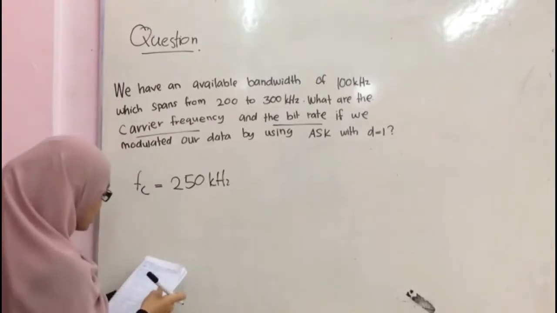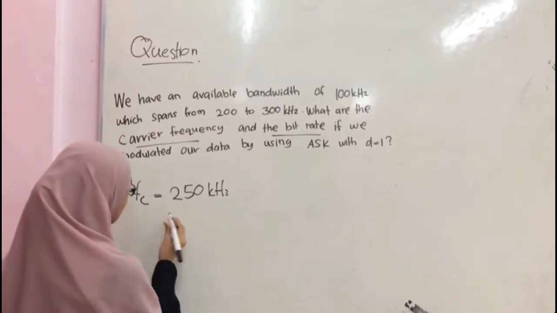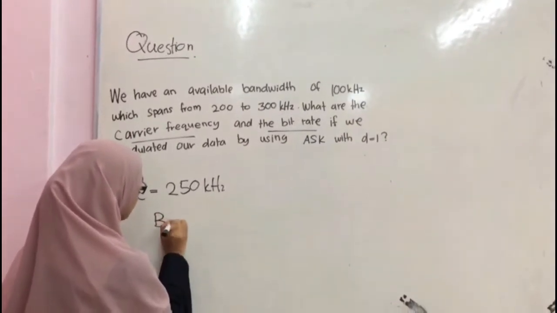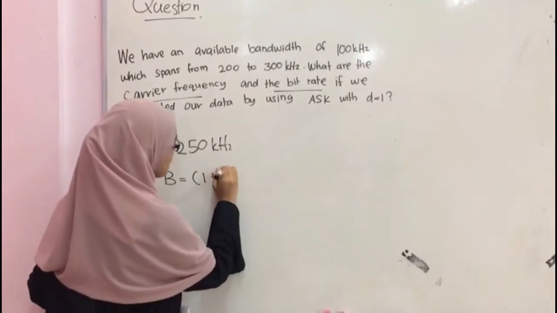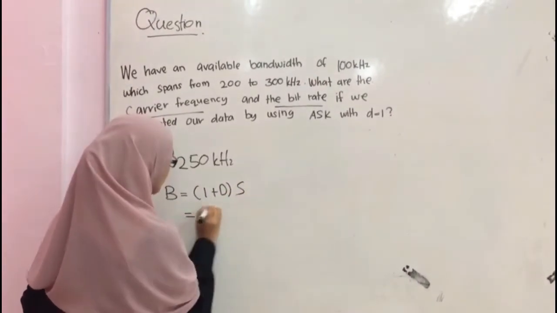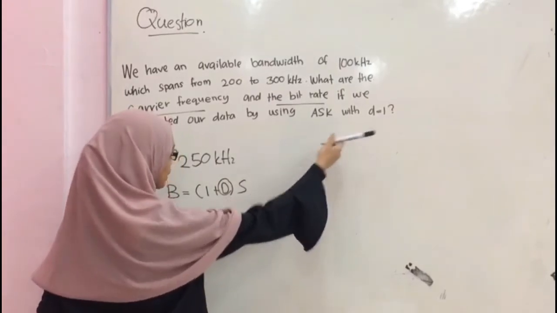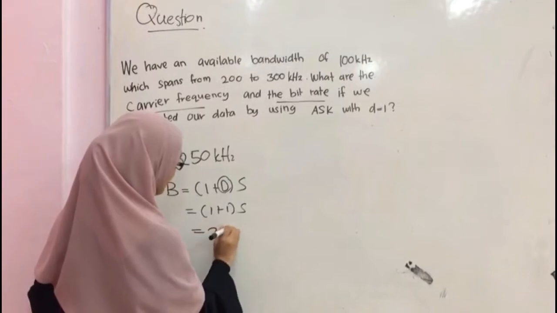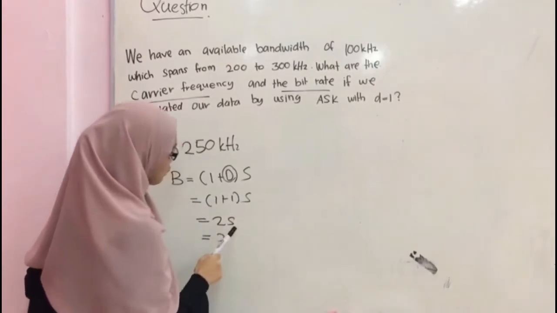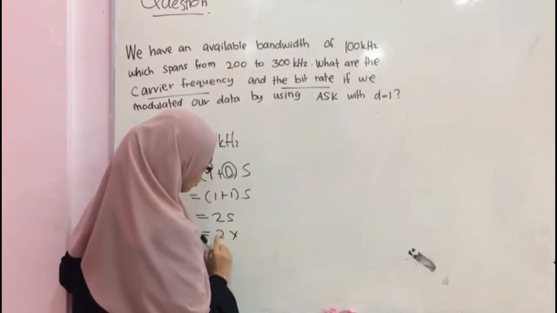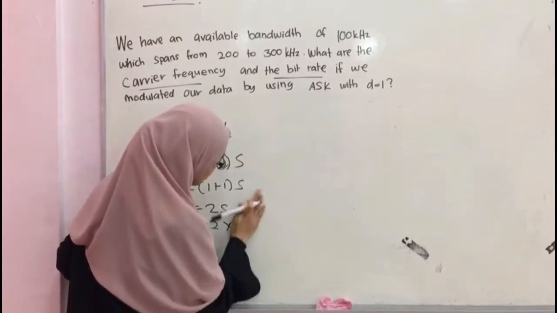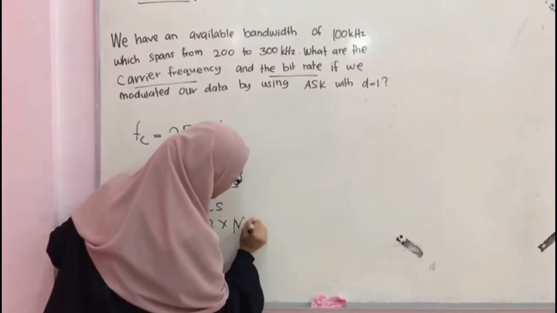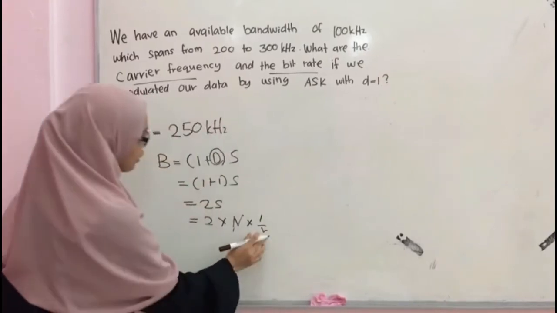250 kilohertz. For the bit rate, we use the formula for the bandwidth, which is (1 + d) multiplied by S. We got the value for d, which is 1. So 1 plus 1 is 2S. And then we use the formula for S, which is N over r.